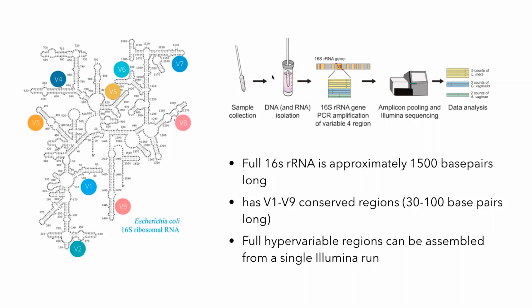And so here you can see how you have a sample collection, and then RNA is isolated, or DNA could be isolated, but in our case, we're talking about RNA isolation. And then you have the 16S ribosomal RNA gene that is amplified, for example, for the V4 hypervariable region. And then once we have that raw material, we sequence that material that then produces a specific type of data.